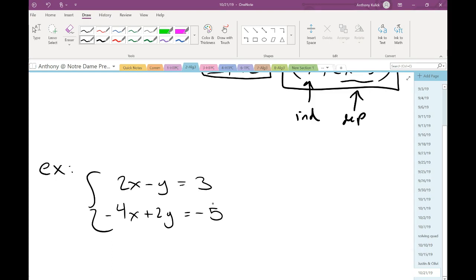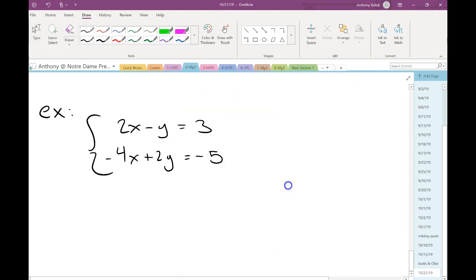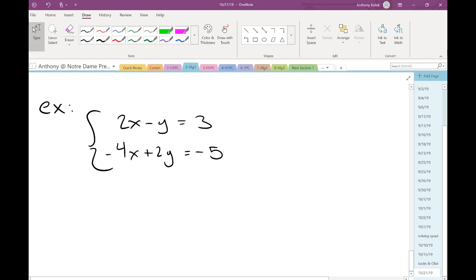What's the only difference? The only difference is that this is minus 5 instead of minus 6, right? That was the only thing that changed. Okay. But apparently that's going to make a big difference here.